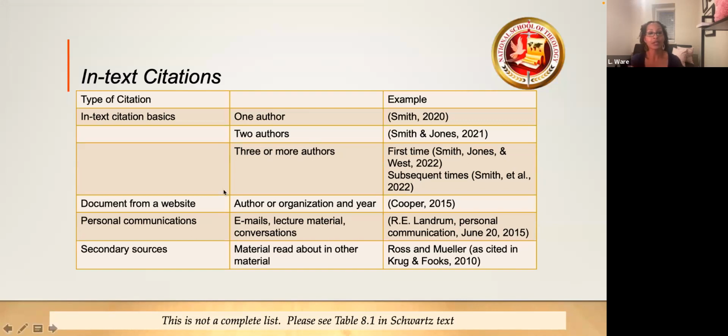So you would list the material read about in the other material. In this instance, I should have said Ross and Mueller instead of Brown and Smith. So you would mention the authors of what you're reading as cited in Krug and Fuchs. Does that make sense?